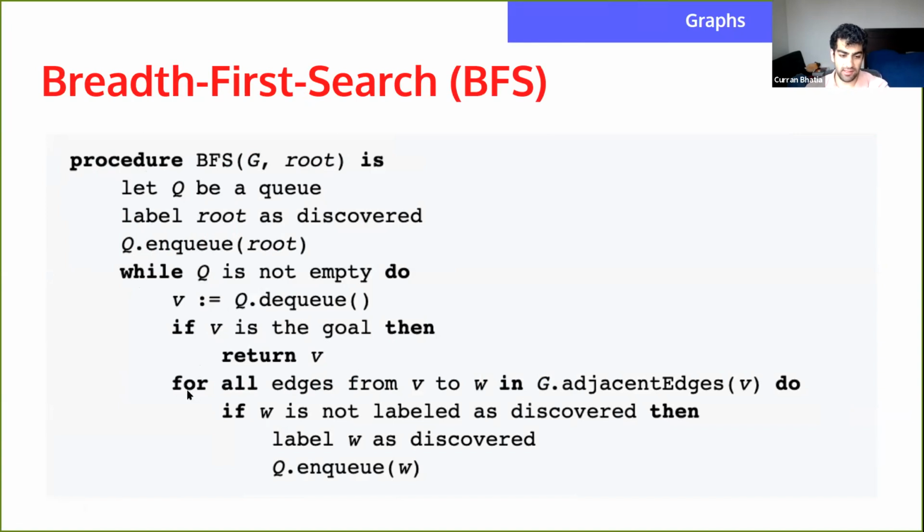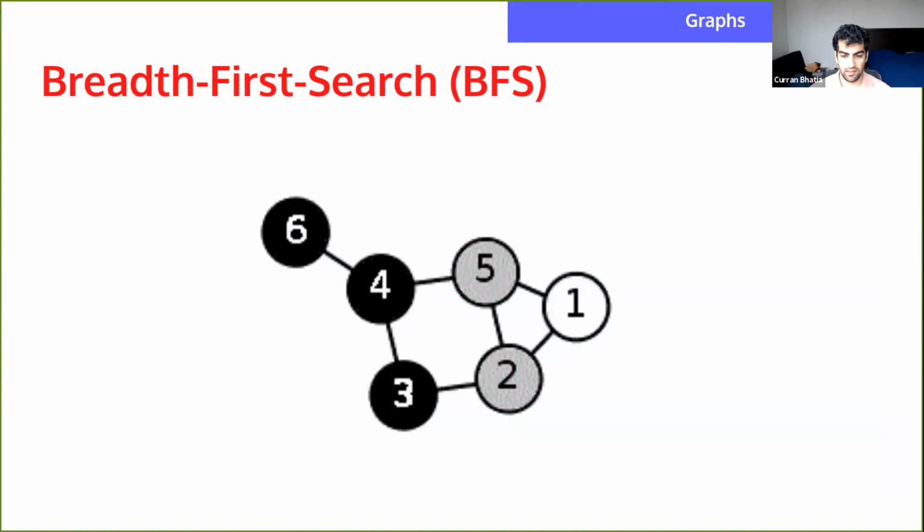The main thing to understand is that you have a vertice called V, and you want to go through each edge of V. That's what for all edges actually means. Then you enqueue the edges that you just went to, and immediately go onto their edges. This is one representation of it.